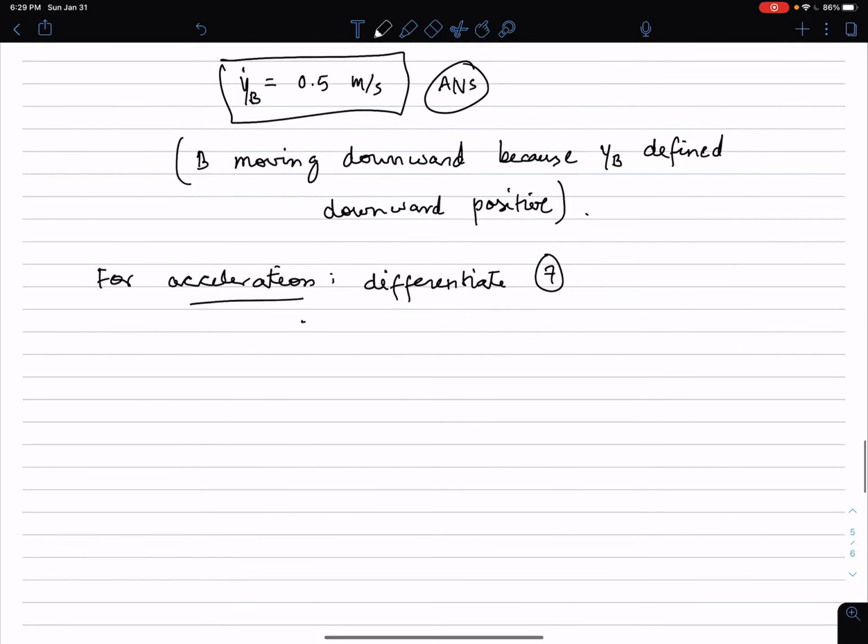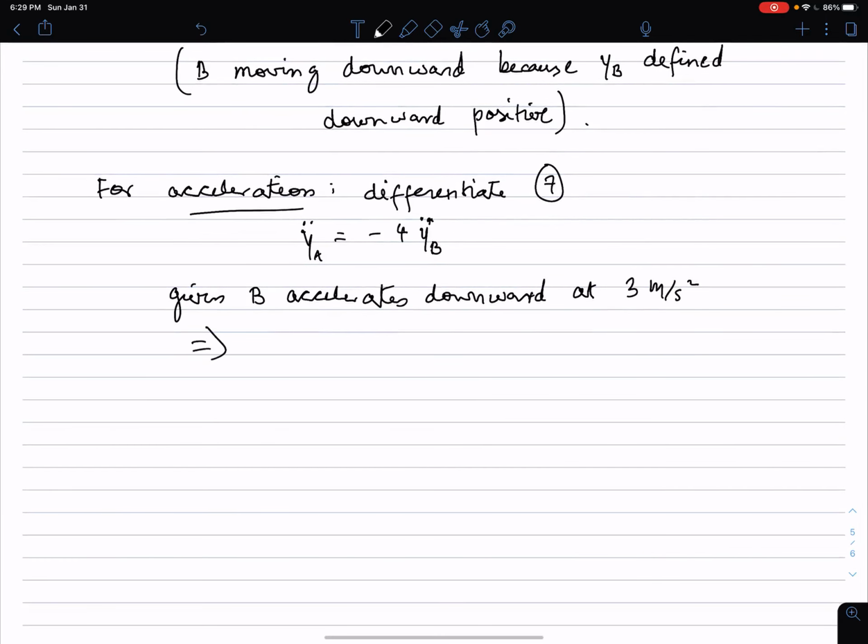So you have YA double dot equals minus 4 YB double dot, and then we are given B accelerates downwards, I think it's given at 3 meters per second square.